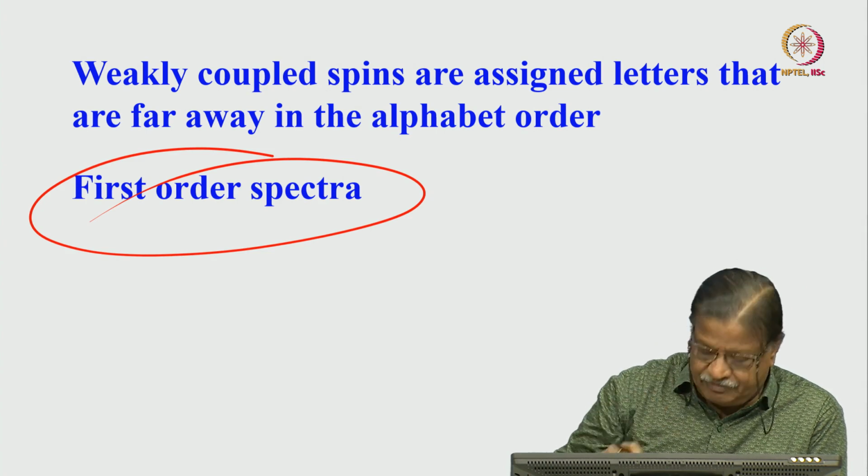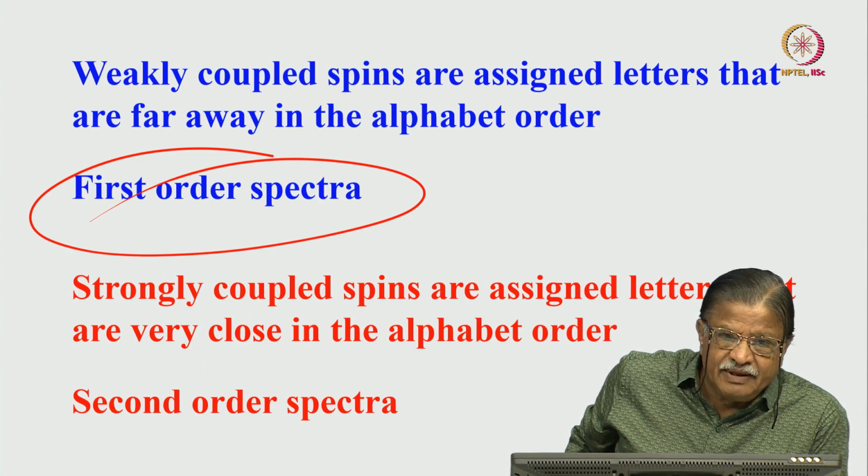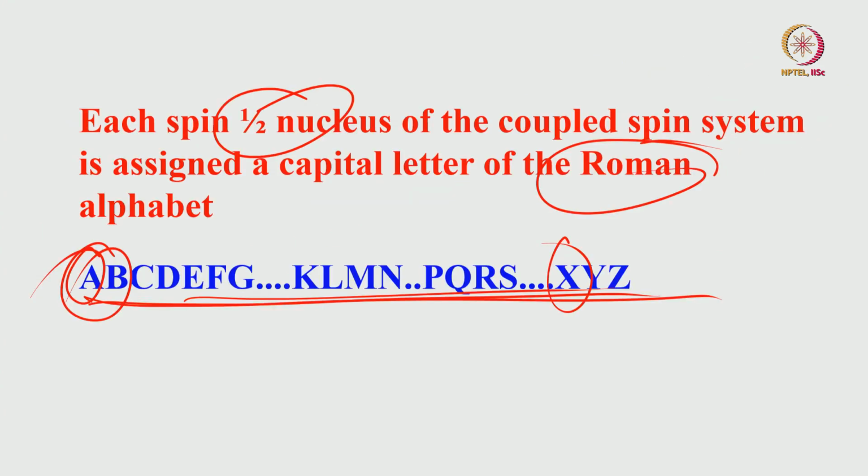Whereas in the strongly coupled case, the spins are assigned letters that are very close in the alphabet order. For example, here AB is strongly coupled, ABC is strongly coupled.